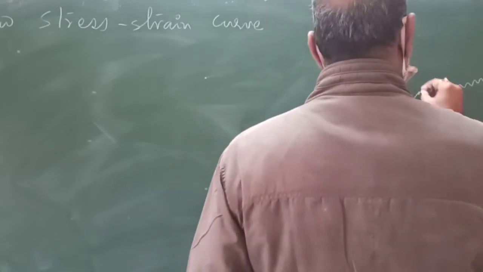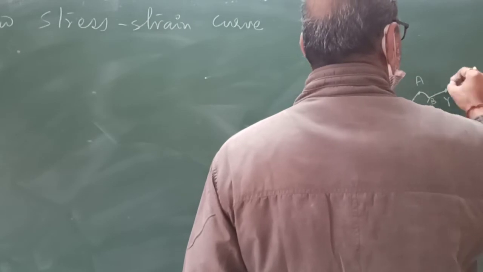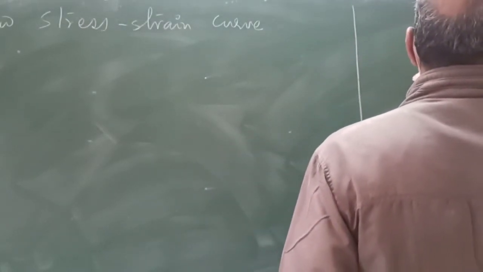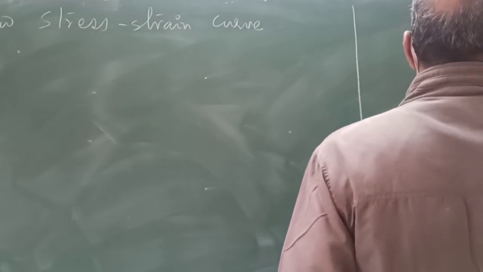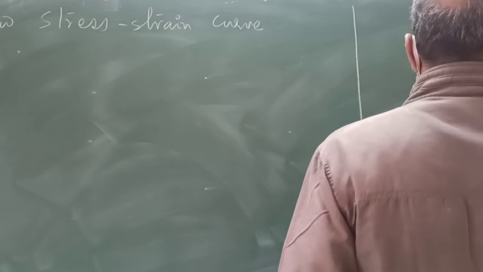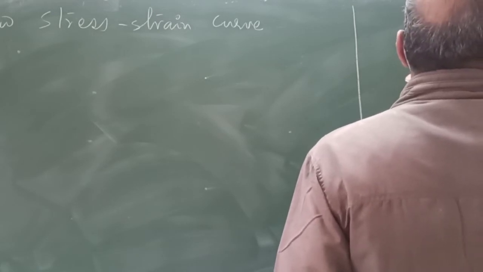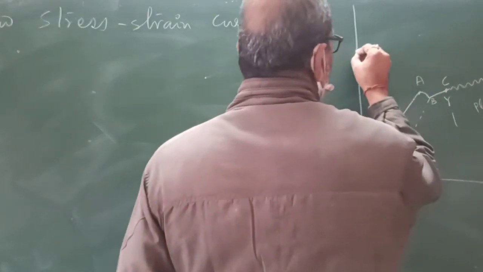This one, points O, A, B, C, D, is the plastic region. This one is the E point, the breaking point.